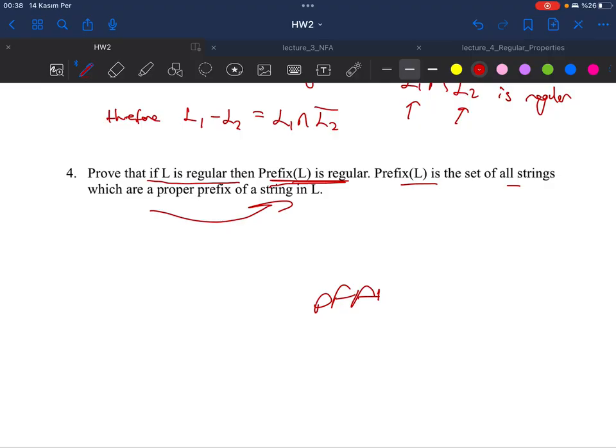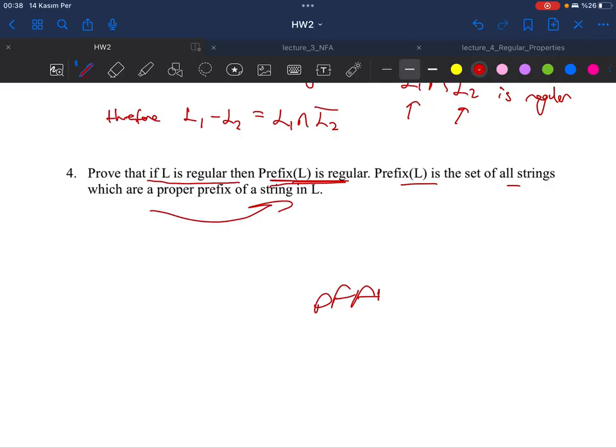We can start with the DFA and change it a bit. We look at the DFA and mark every state that can lead to an accept state as an accept state too. By doing this, the new DFA accepts all prefixes of the strings in L, not just the complete strings.